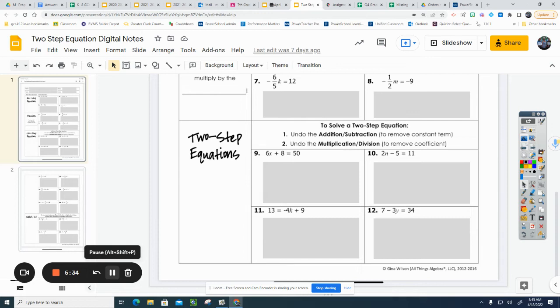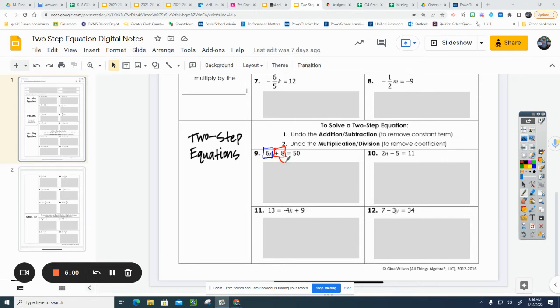Okay, so now we are on the two-step equations portion. And I have asked my in-person class, hopefully, which one do we move first? Do we move the 6 or the 8? And the class decided that we're going to move the 8 first, because the 8 is the one least connected to the x.